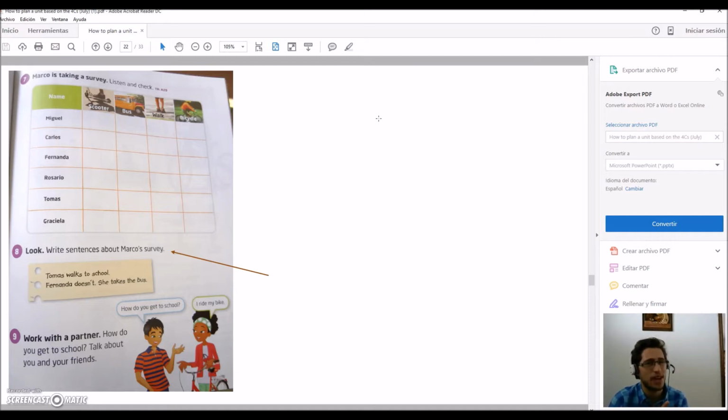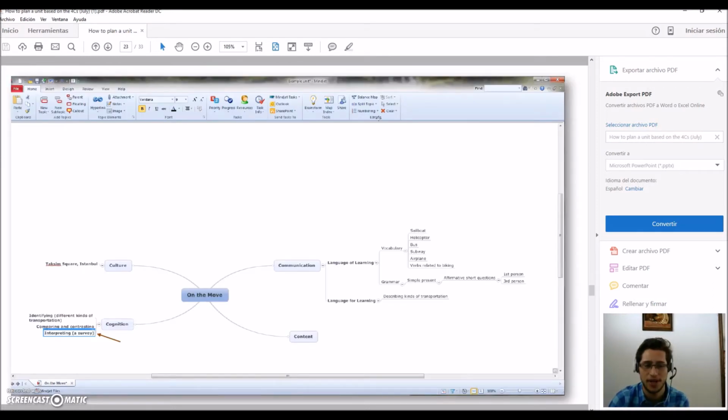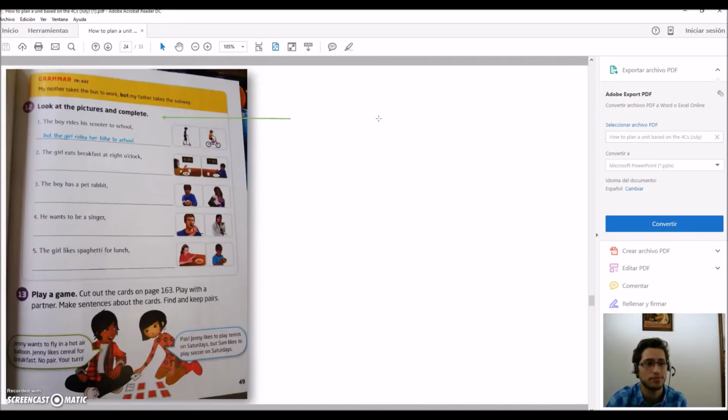So what is the appropriate category for that? If I say excuse, if I say more than English, what is the appropriate category? Language through learning. And I put it here. Interpreting a survey. Interpreting, if you see it from the point of view that it's a thinking process, but you can also put it in language through learning.